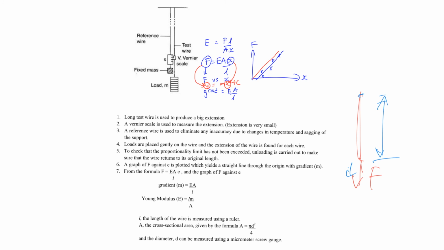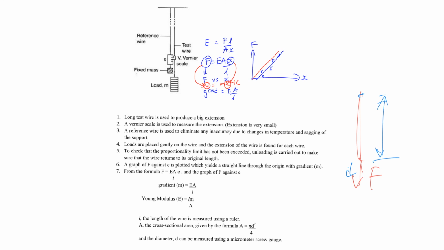So you will find that the vernier scale reading here fluctuates. But if both sides are made of identical wires, which means the reference wire here uses the same material and same original length, then if there is any change in temperature that causes your test wire to fluctuate, it will also cause the same fluctuation in your reference wire. So that means the main scale and the vernier scale would move together and would not give you any false readings.